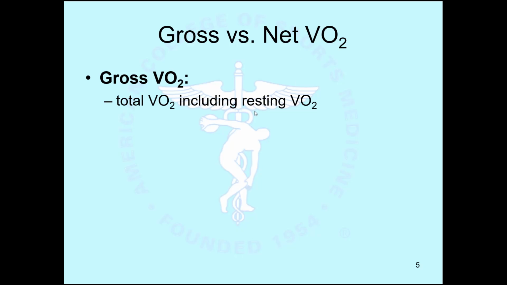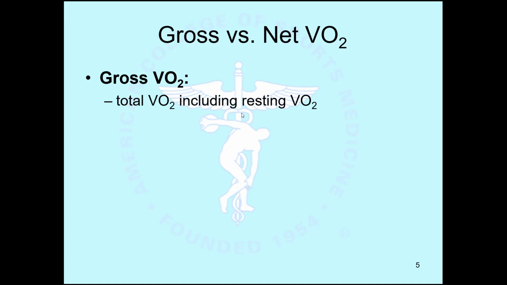But let's say you're walking down the street and your VO2 is measured as 6 milliliters per kilogram per minute, then that 6 actually not only includes the energy that you're using to walk, but also what is used at rest. So that overall oxygen consumption would be the gross oxygen consumption.